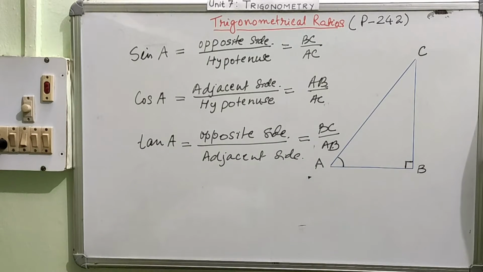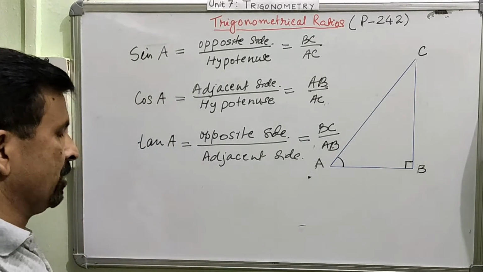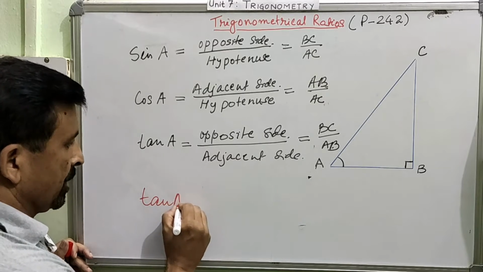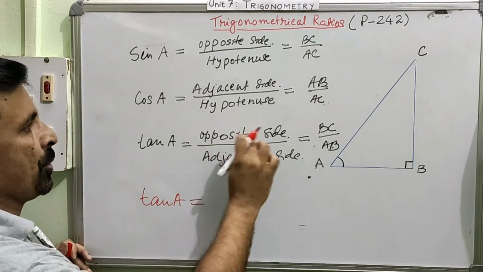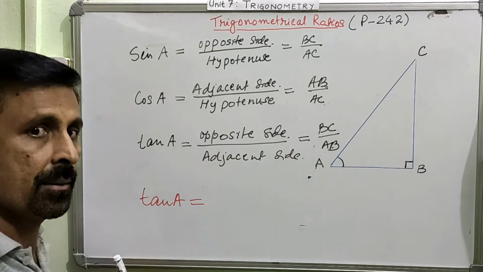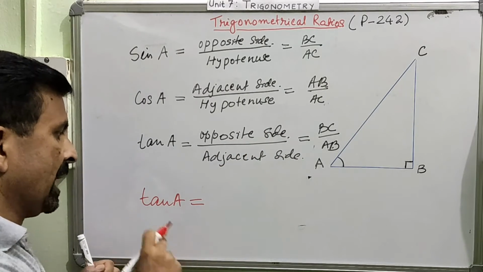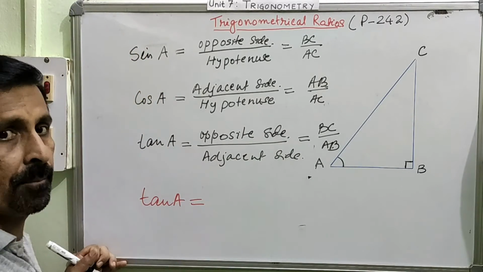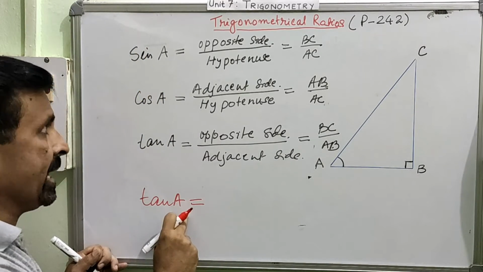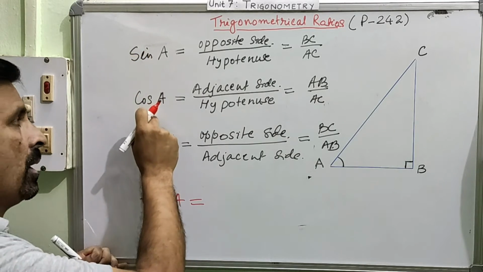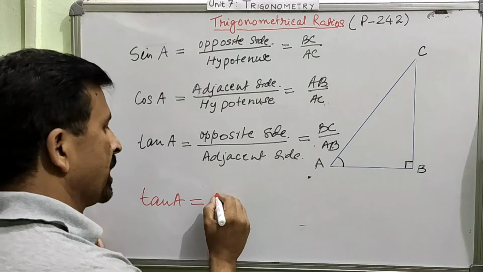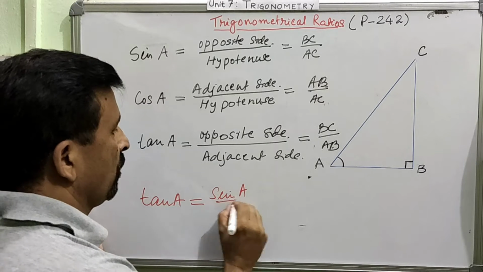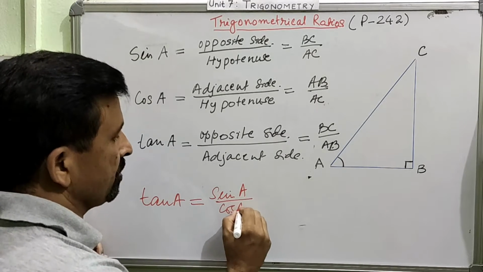Am I understood? One extra thing I will tell you is that this tan A, which we got as opposite side over adjacent side, right? We also need to know that this tan A is actually the ratio of sine A over cos A. This tan A is actually the ratio of sine over cos. So if I write sine A over cos A, clear?